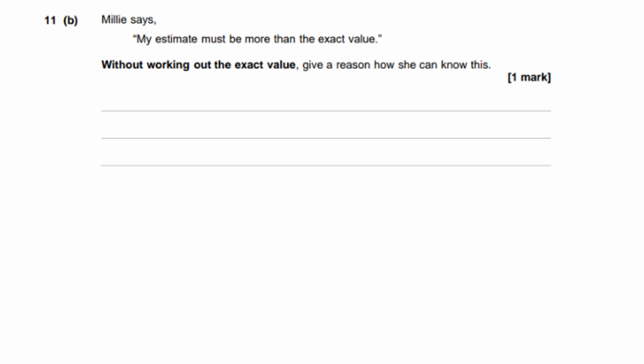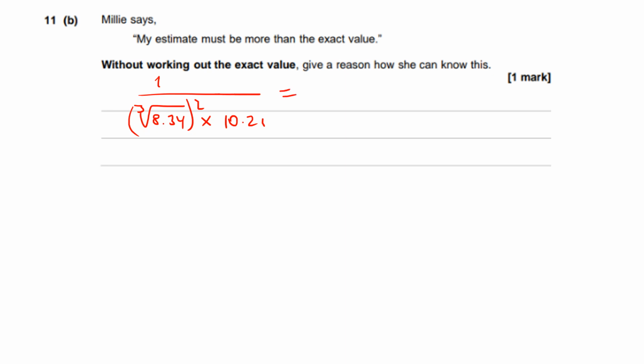Right, question 11b, Millie says, my estimate must be more than the exact value. Yeah, it will be more than the exact value, and it's got something to do with the denominator. So if you think about the actual question, it was cube root of 8.34 squared times 10.21.